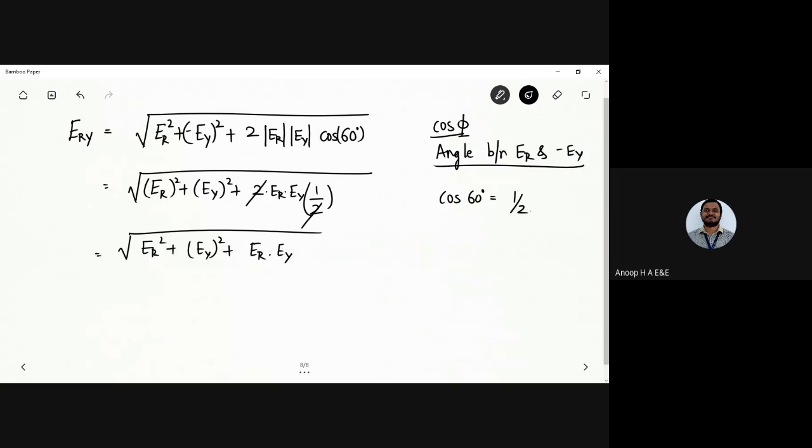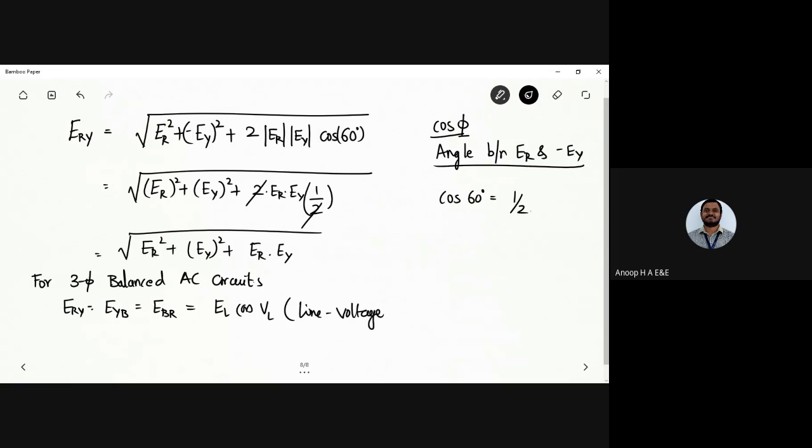For a three-phase balanced AC circuit, we have ERY equals EYB equals EBR, which is equal to EL or VL, the line voltage.